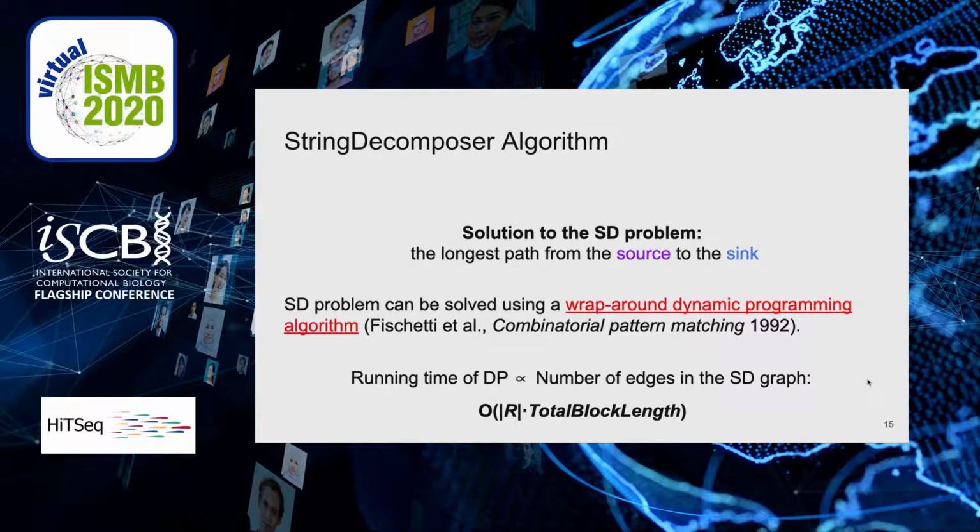This problem can be solved with wraparound dynamic programming algorithm. String Decomposer implements this algorithm for arbitrary number of blocks. The running time of String Decomposer algorithm is proportional to number of edges in string decomposition graph.